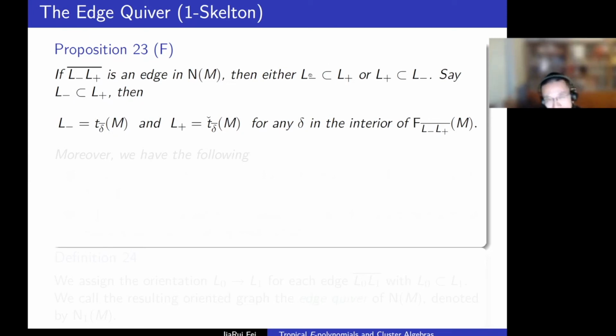I proved that, in fact, these two representations must have a containment relation: either one contains the other, or the other way around. I also have a representation-theoretic interpretation for these two representations. We can use the functor to construct this L minus and L plus.